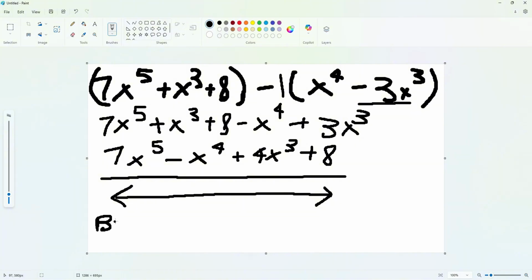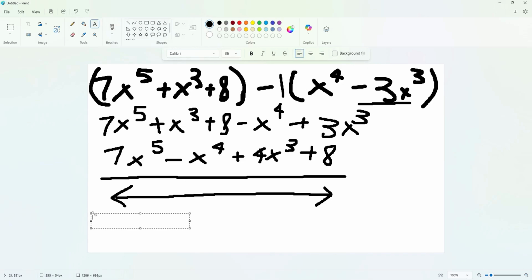So we have the biggest exponent, and then we have the smallest exponent.